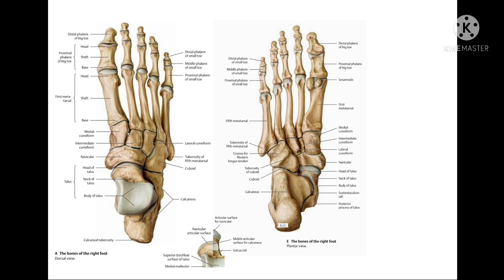In short, the bases of the metatarsals articulate with different tarsal bones to form corresponding tarso-metatarsal joints. Coming on to the base of the fifth metatarsal, it provides the following attachments.